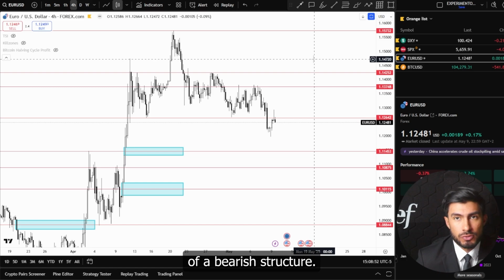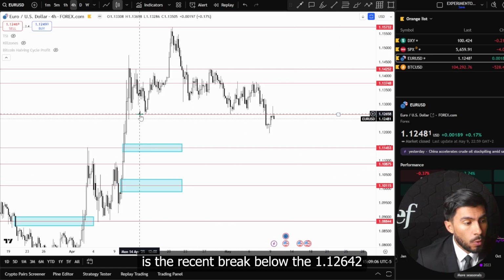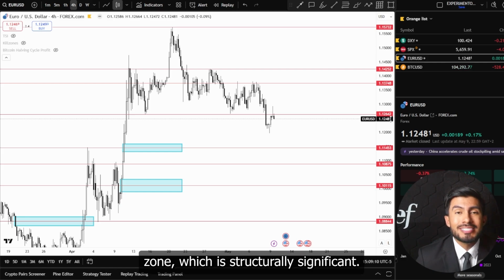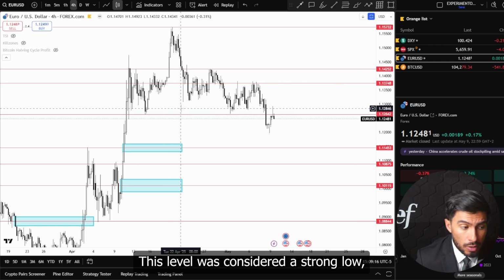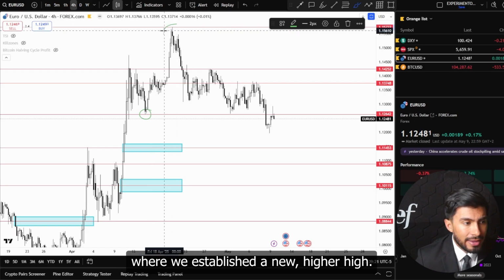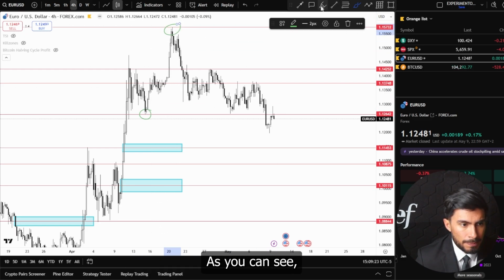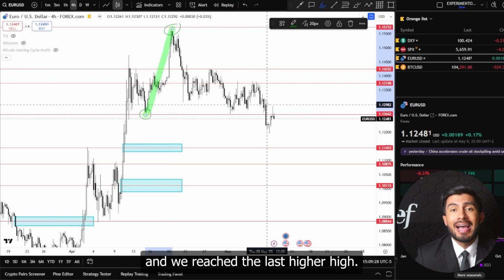One key point to consider is the recent break below the 1.12642 zone, which is structurally significant. This level was considered a strong low, which is basically the point where we established a new higher high at this point. As you can see, we started the movement from this point and we reached the last higher high.